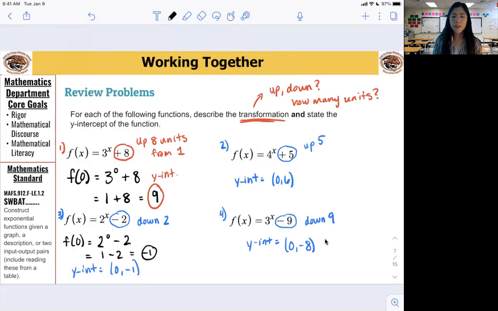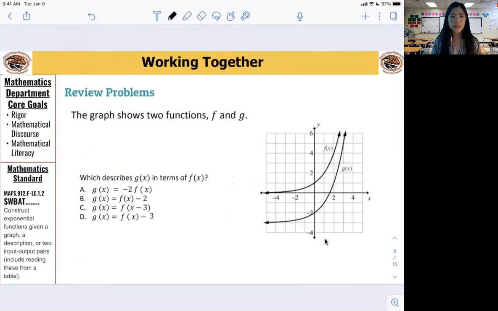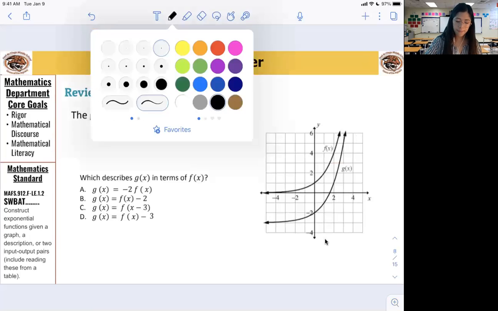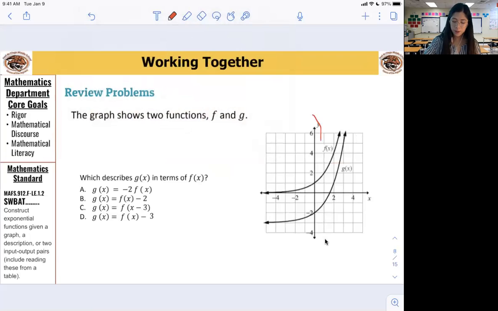Okay, cool. All right. So now that we've been talking about transformations, let's actually look at a transformation. Here we have f of x and g of x, and it's asking me which of these is going to describe g of x in terms of f of x. Before we look into the answers, let's see what's going on. We always want to look at the y-intercept, because there is where you can count carefully.